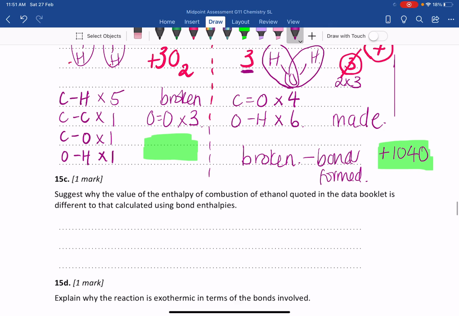For this one, I'm not going to go to the data booklet and find all of these values for you. I'm going to ask that you check those yourself and check that you come out with a value of 1040. I'm now going to have a hot chocolate and move on to the next.